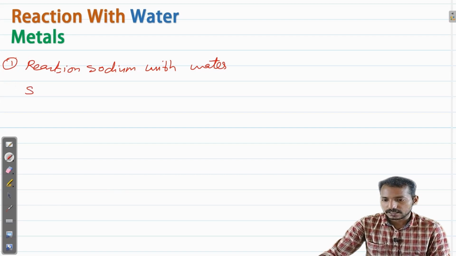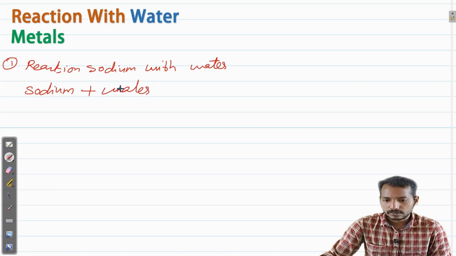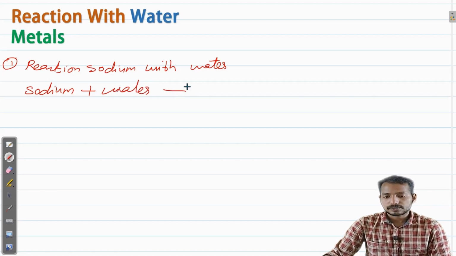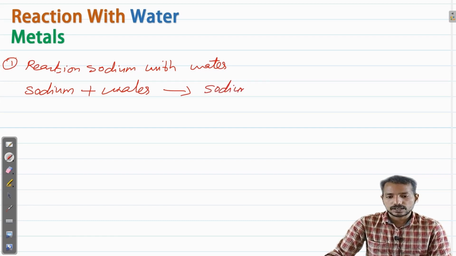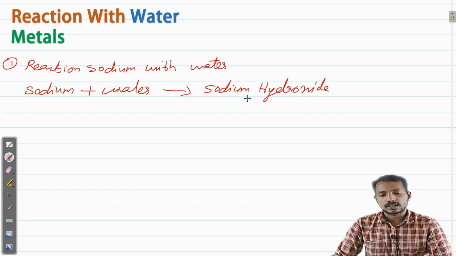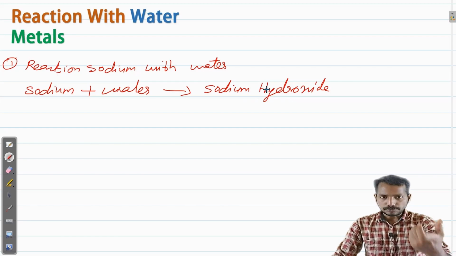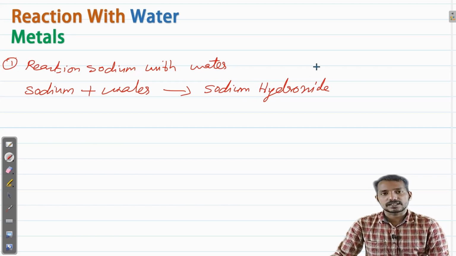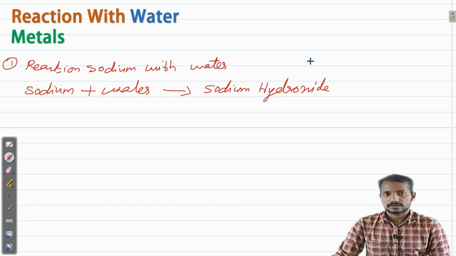So we can write the reaction as sodium plus water forms sodium hydroxide. After checking the solution with litmus paper, we find that it is a base.